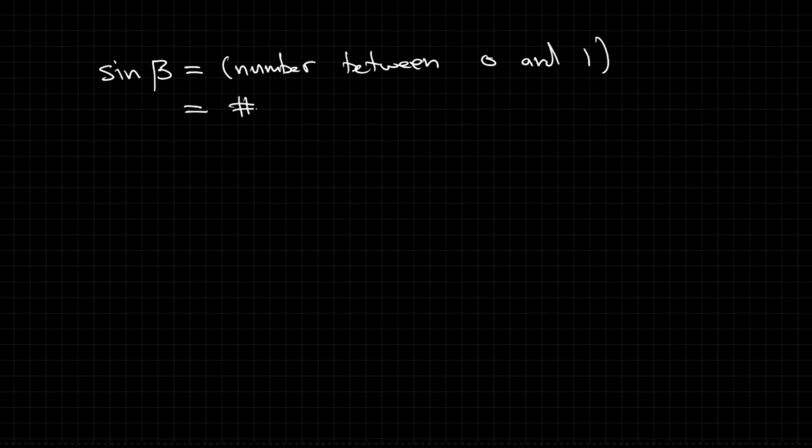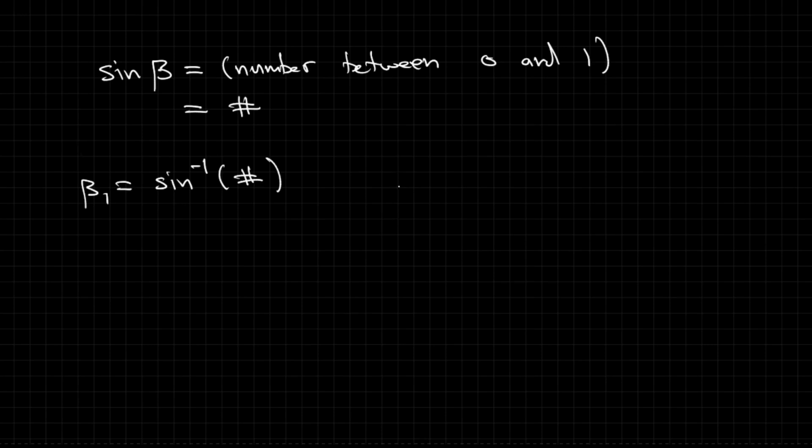Let's call it a number sign. When you need to do this, there are two solutions. There's the first one, which you can get via the inverse sine function, sine inverse of whatever number is on the right-hand side. That's going to give you a beta 1 that is between 0 and 90 degrees.